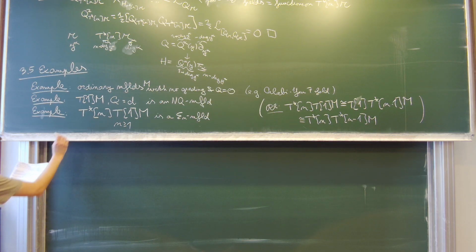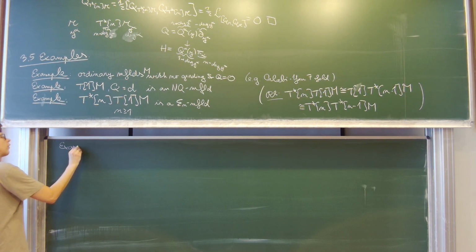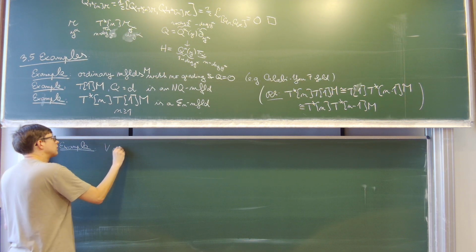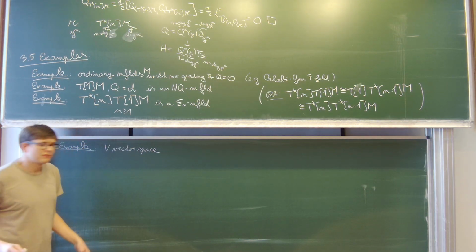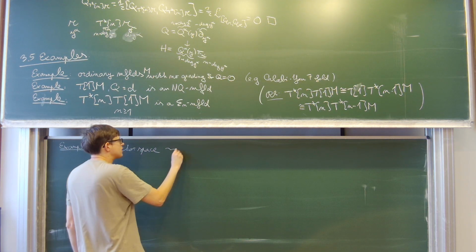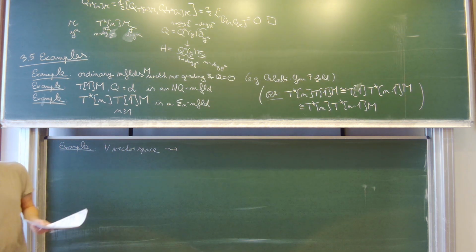Okay, now let's go in a slightly different direction. Let's take a vector space, I will call it V. You can regard it as a vector bundle over a point if you want.